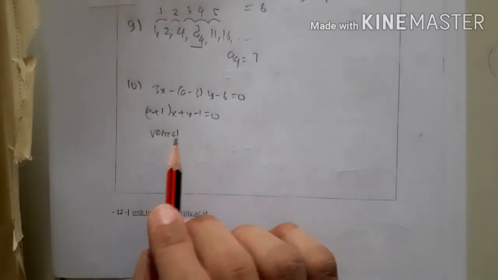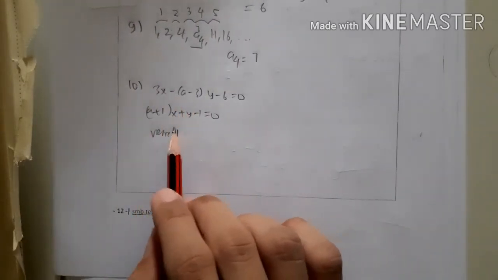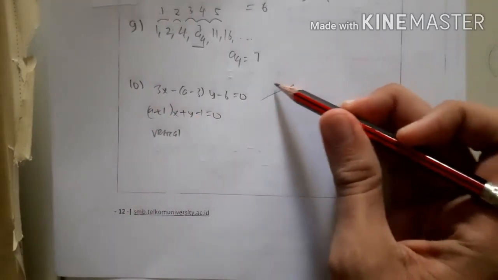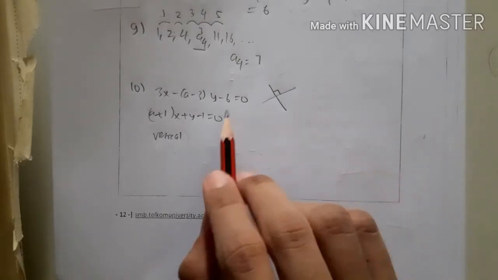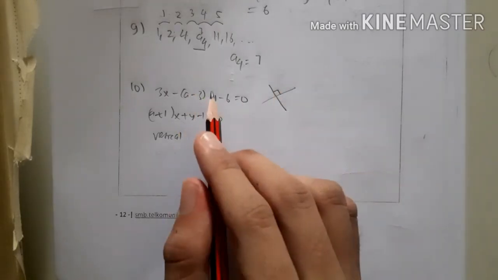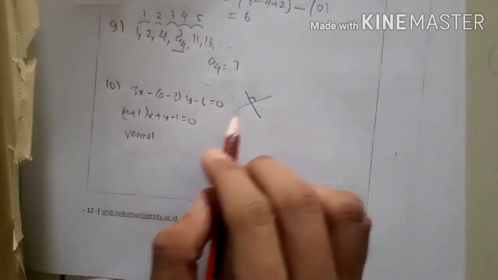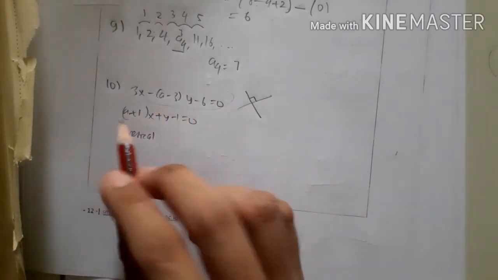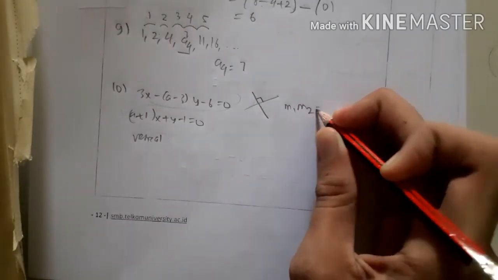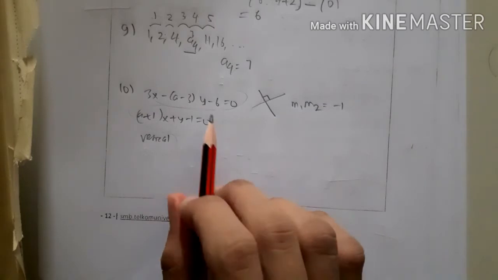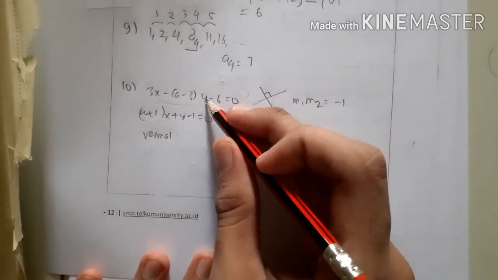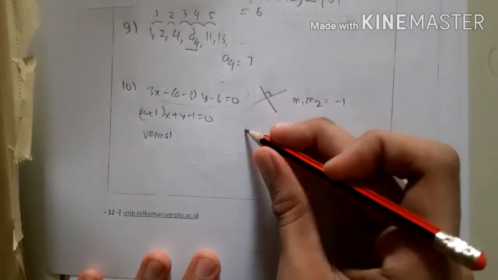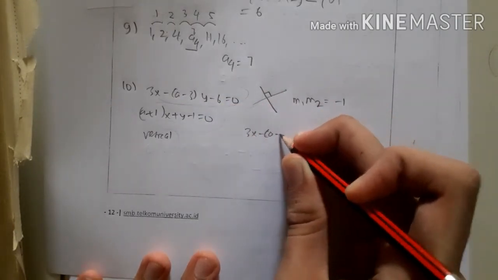Basically, perpendicular means the gradient of this line and the gradient of that line multiplied together will become minus 1. So we just have to find the gradient of each function.